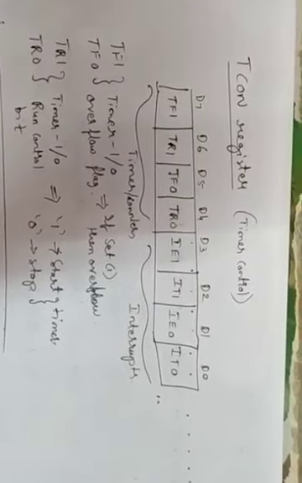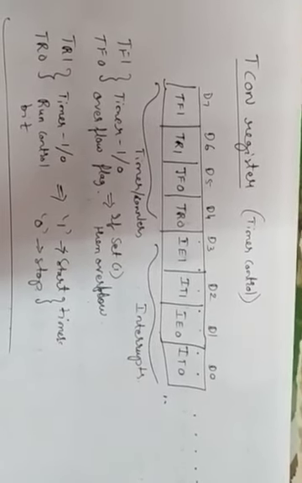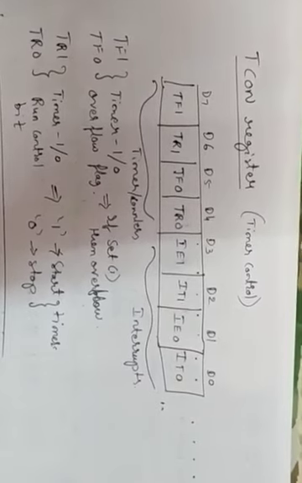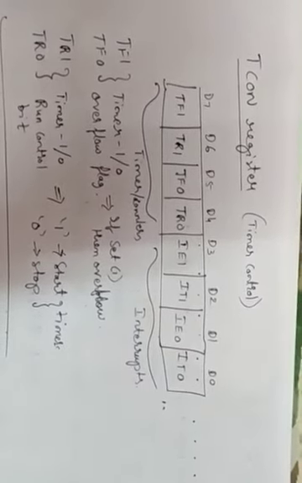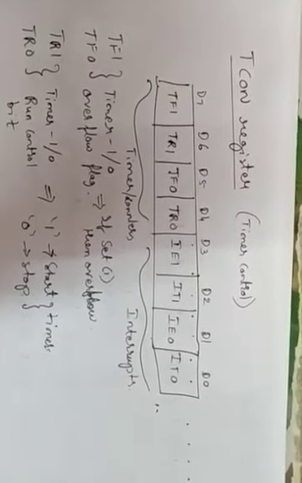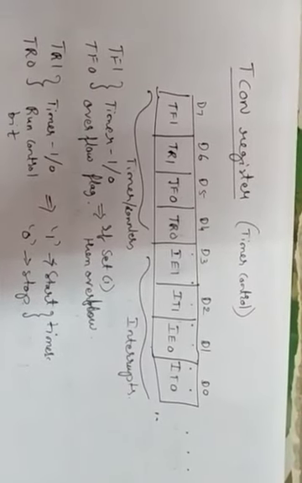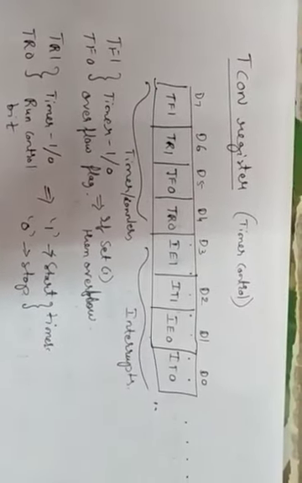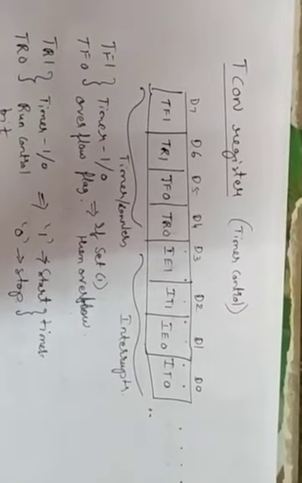The fields inside D7 to D4 will decide some functions of the timers and counters, but D3, D2, D1, D0 are for interrupts. For this module, only the higher 4 bits are important for timers and counters. D3, D2, D1, D0 are for interrupts, which we will study in module 5.